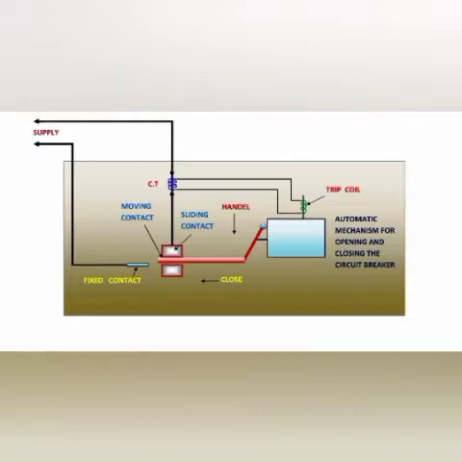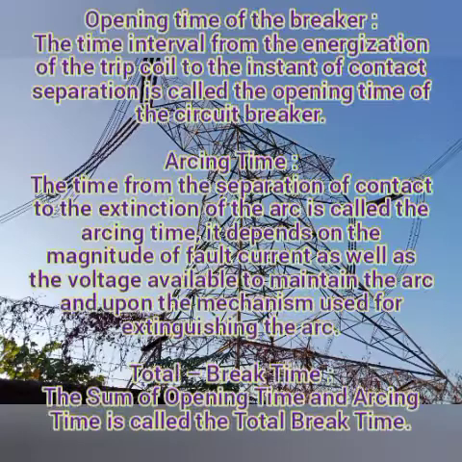Normally the fixed and moving contacts get moved because of this CT, which senses the fault current and gives the initiation to the trip coil. The opening time of your breaker is the time interval from the energization of your trip coil to the instant of contact separation.